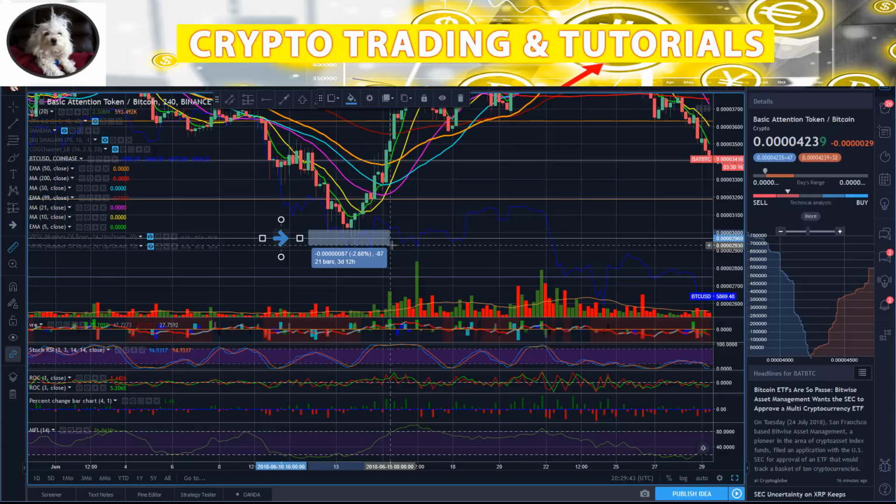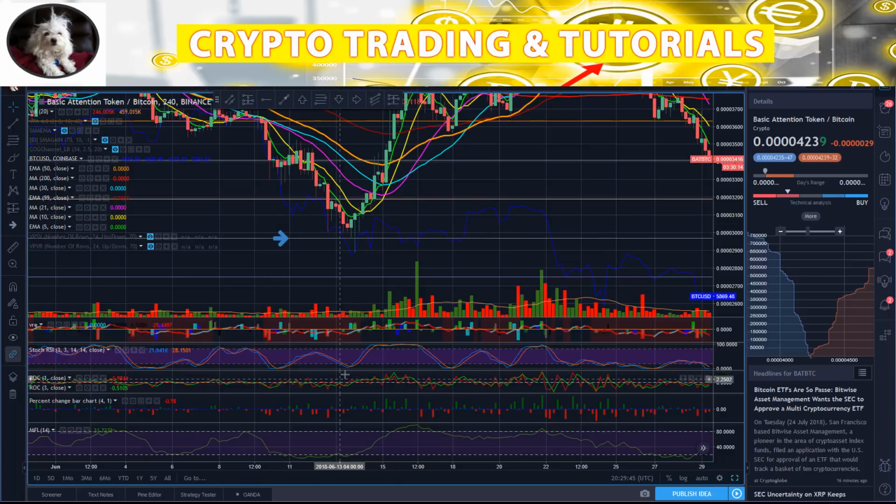Another reason you would look at here, if you know about the RSI, and I'm not going to go into detail about what the RSI is and how to read it, just understand that the RSI here is below the 20 mark. This shows you that this is a good position potentially. Now this is the SRSI. Basically it has the moving averages on here, and you see that it crosses here.